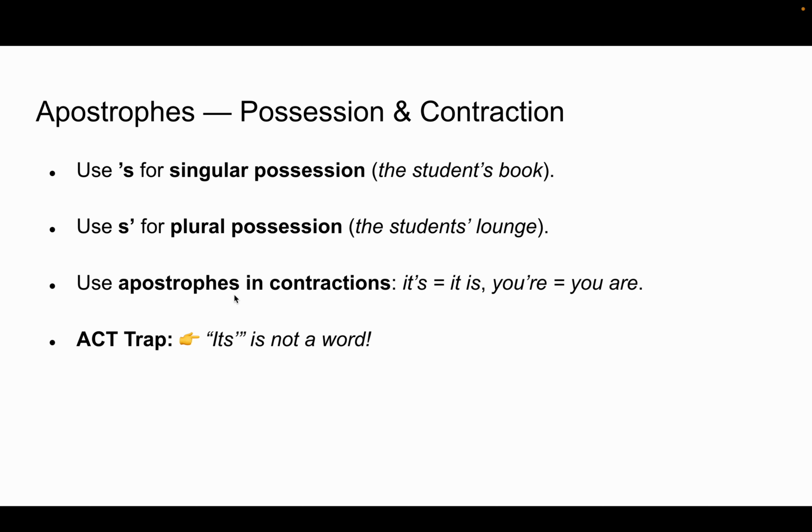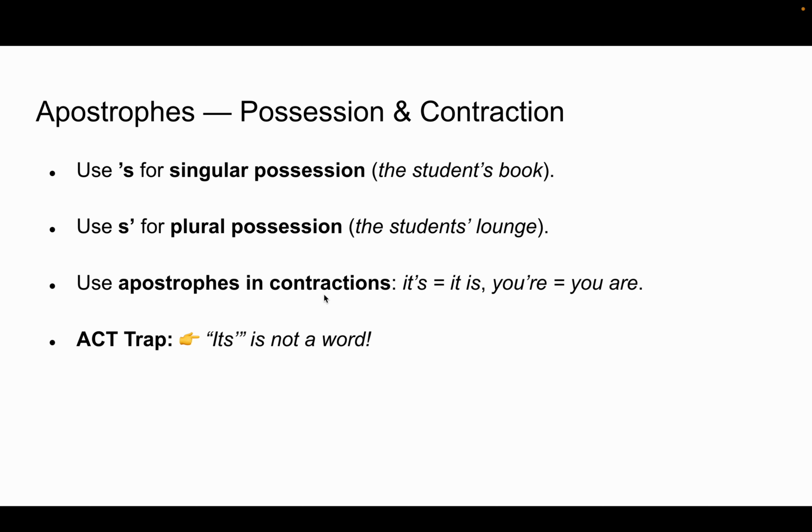Use an apostrophe to show singular possession, so ownership by a singular subject. So let's say this is the student's book, right? It belongs to one student. You can also use apostrophes for plural possession as well. So this is the students' lounge. This lounge belongs to many, multiple students, all students.